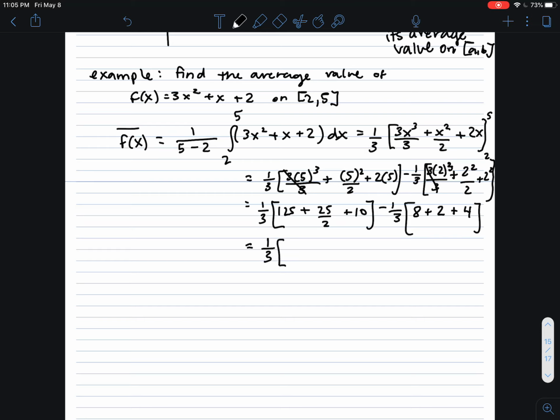We have 1/3 times 295 over 2 minus 14 thirds, which gives us 295 sixths minus 28 sixths, equals 267 over 6. That is actually simplifiable, but I'm not going to do it.